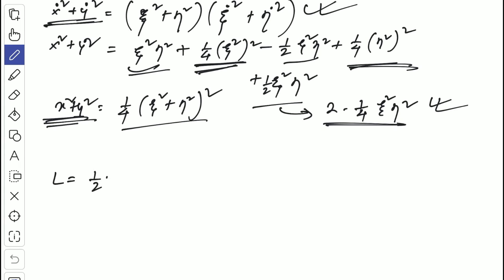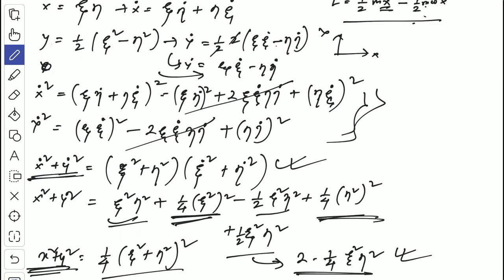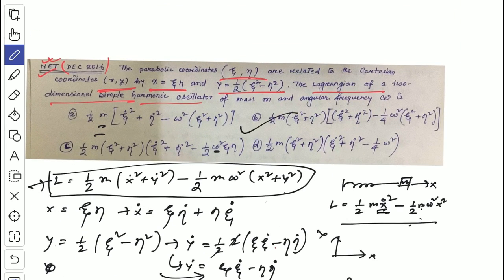L is equal to half m xi square plus eta square, after taking this term common, into xi dot square plus eta dot square, minus 1 by 4 omega square into xi square plus eta square. So this is the result, and this is an option, I think B here. So that's how we get this answer.